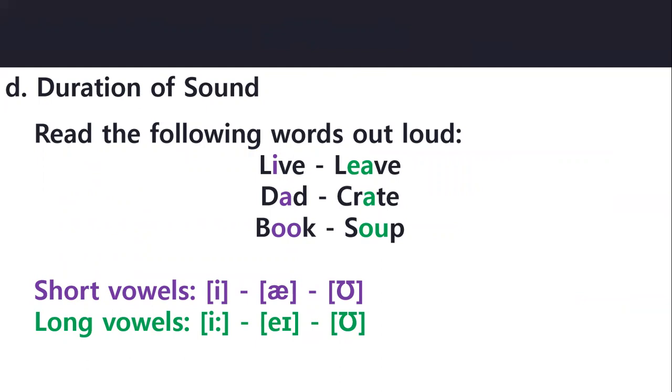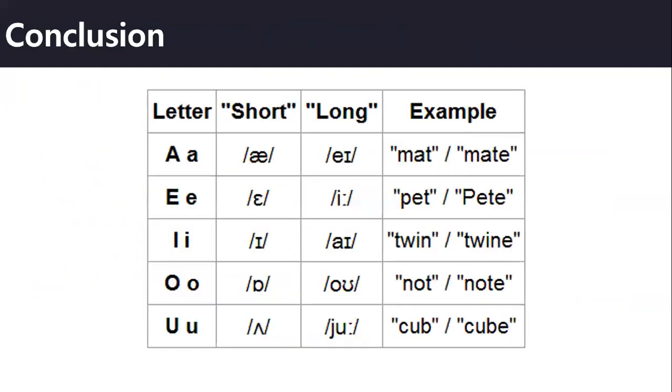So they are short vowels. Whereas E in leave, A in crate, and U in soup are long vowels because they take longer to be pronounced and articulated. As a conclusion, there is this table that specifies short vowels from long vowels with examples such as mat and mate, pet and beat, twin and twine, knot and note, cub and cube.